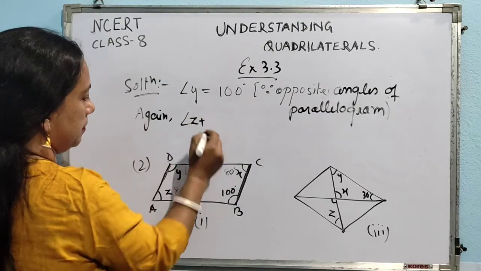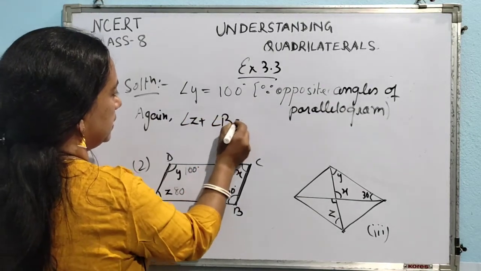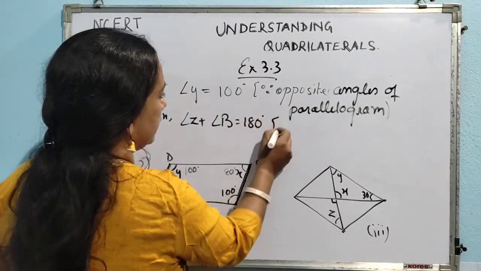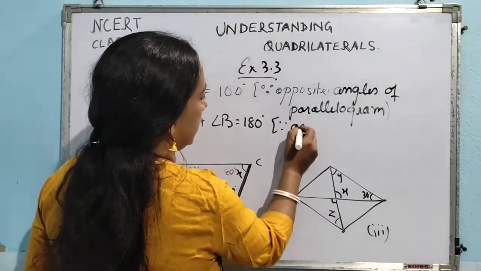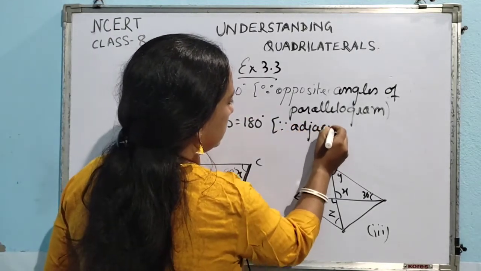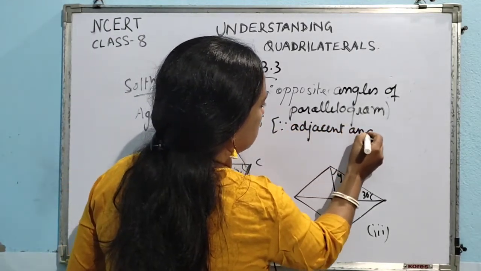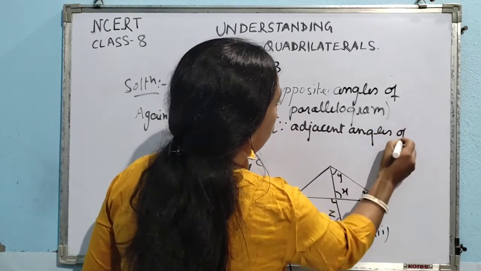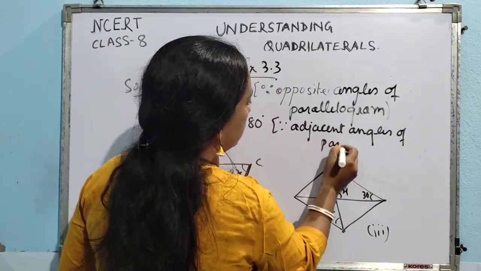Again we can write angle Z plus angle B is equal to 180 degree. What is the reason? Since adjacent angles of a parallelogram.